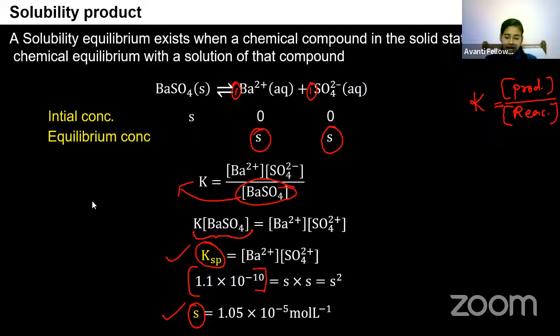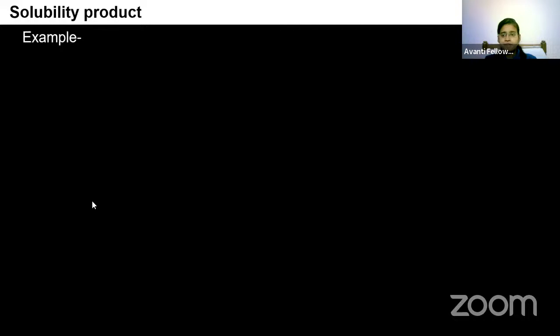Let me take one example so that you can understand it better. I have taken calcium phosphate as an example. Calcium phosphate can be dissociated into 3Ca2+ and 2PO4 3-. You might have studied how to form the cation and anion for a given species.